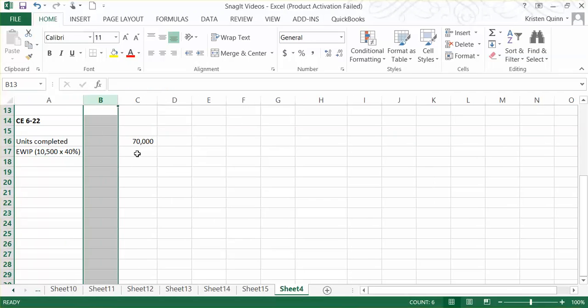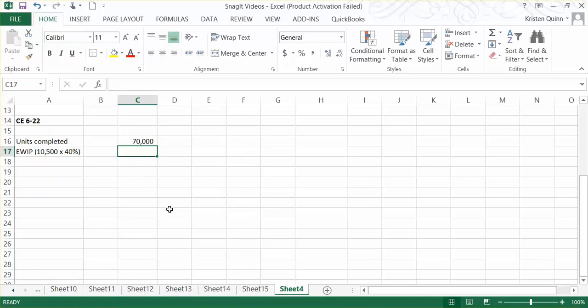So, in order to get our equivalent units, we simply take the 10,500 and multiply it by how complete we were able to get those units by the end of June. That gets us our equivalent units for our ending work in process.